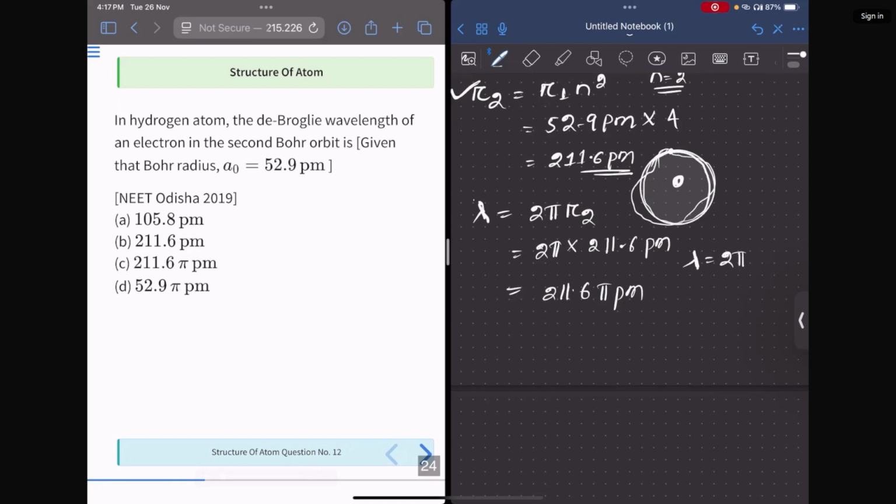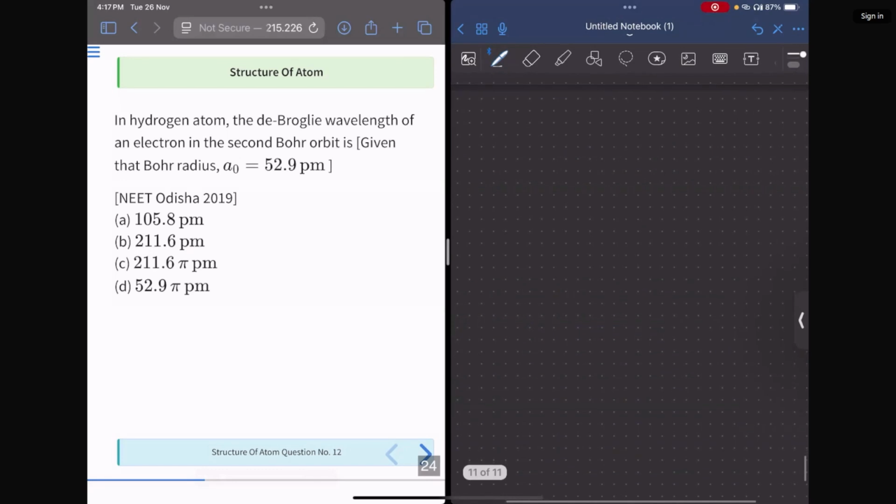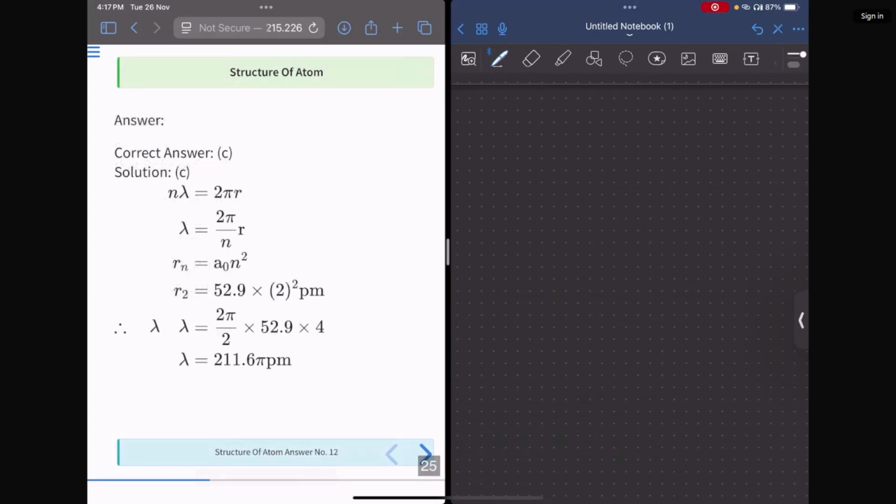What will be the circumference of the first orbit? 2 pi r. So this is the formula.